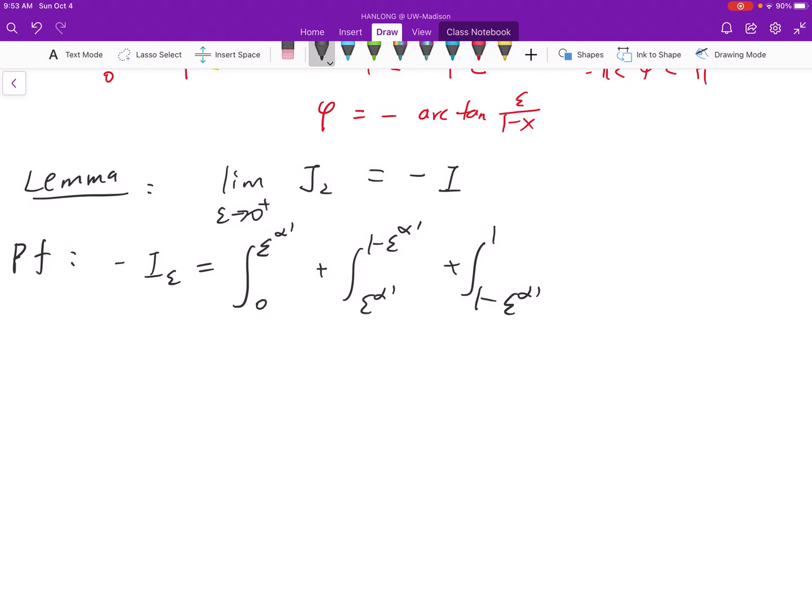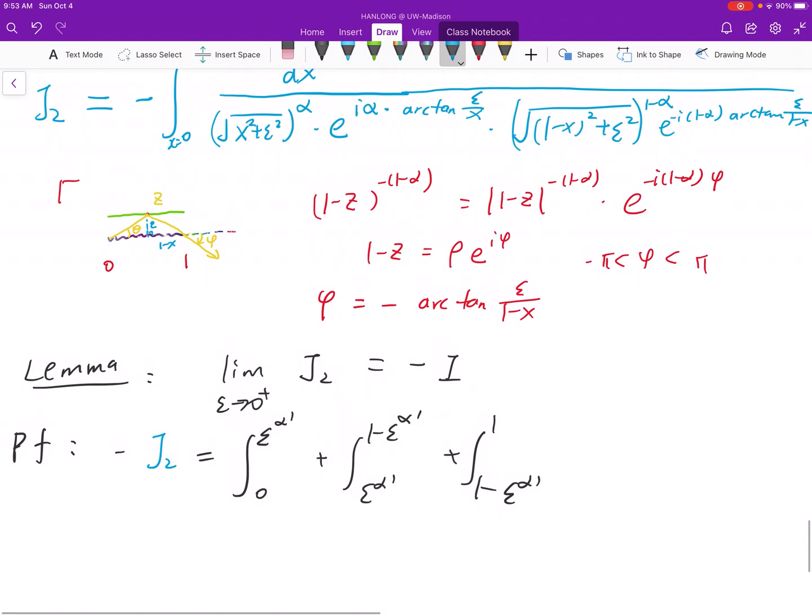And inside we just have the integrand here, this is J2.